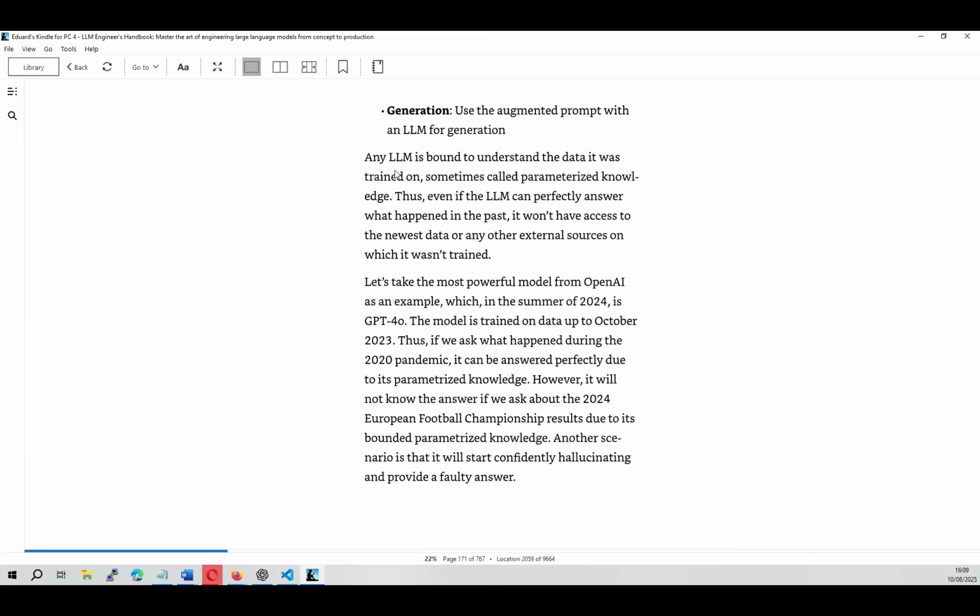This is depicted in this diagram. So we have various data sources. For example, for an enterprise, we have policies, we have SharePoint, we have databases, CSV files, etc. So all this data should go through a cleaning process. Then we need to chunk all this data in certain sizes.